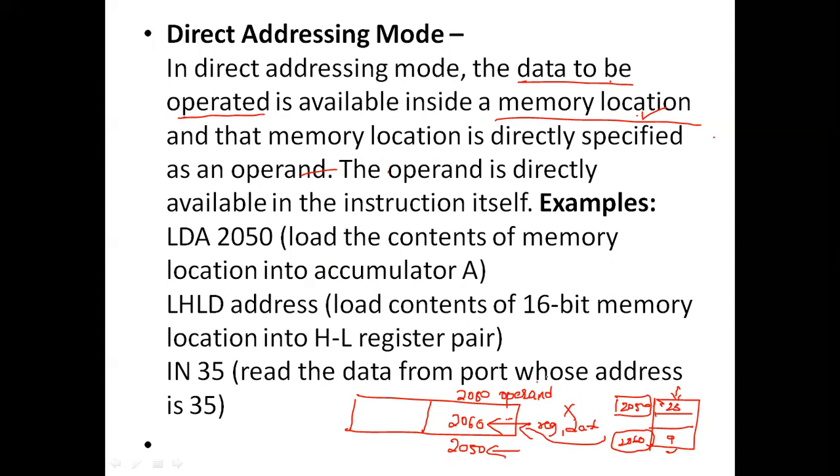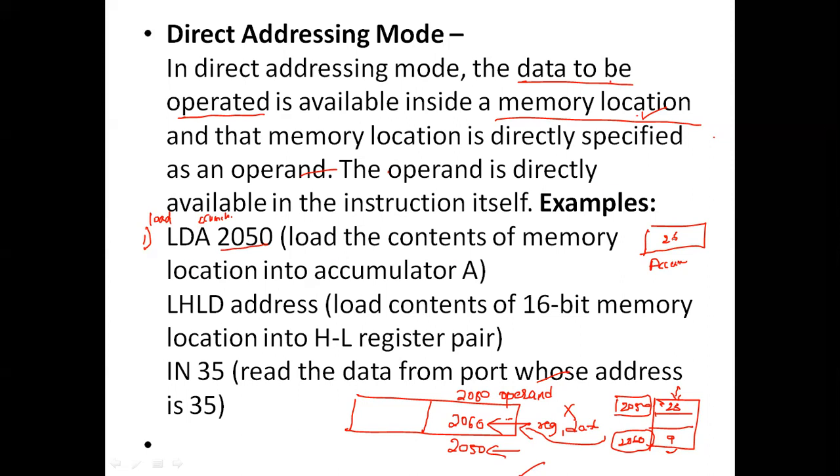Here are the examples. This is the first example, LDA 2050. LD means load, A means accumulator, with the data at 2050. Suppose this is the accumulator register, and some 26 data was there previously.